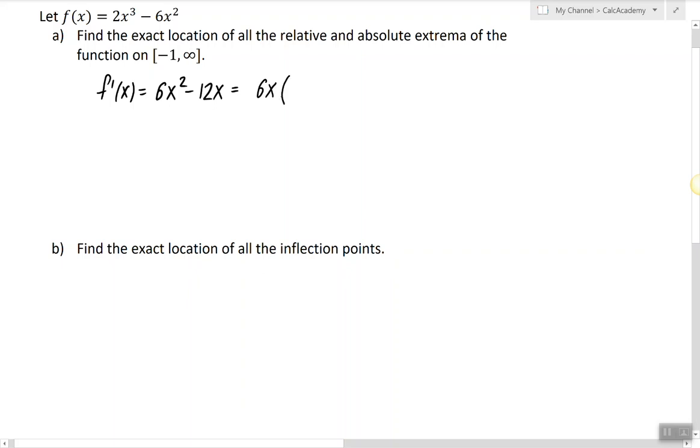So I'm going to factor out 6x, x minus 2, and now I'm going to set it equal to 0 or find the values where it is not defined. Since it's a polynomial function, it's defined everywhere, so I'm not going to get anything out of this part, but setting it equal to 0 gives us the following solutions. So x equals 0 or x equals 2. So these are the critical values.